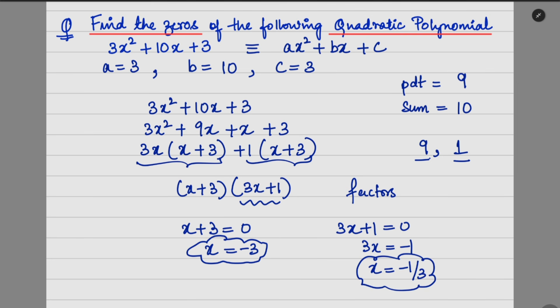So what are you asked? You have to find the zeros. So these are the zeros of the given quadratic polynomial. Okay, you should always make sure you complete this answer in this way.